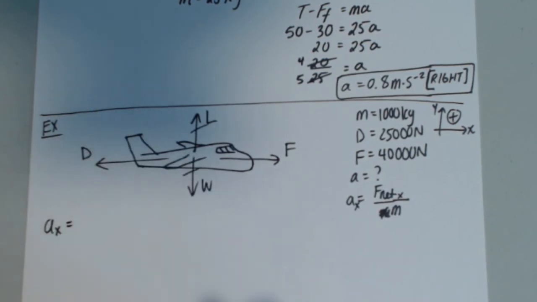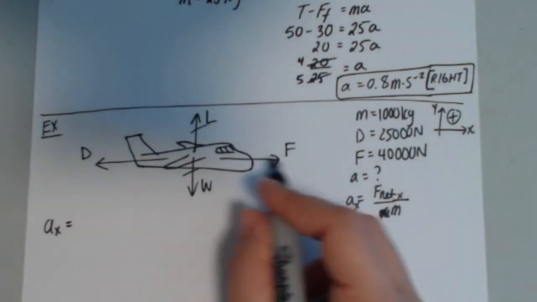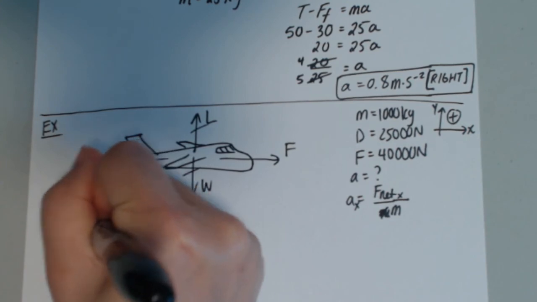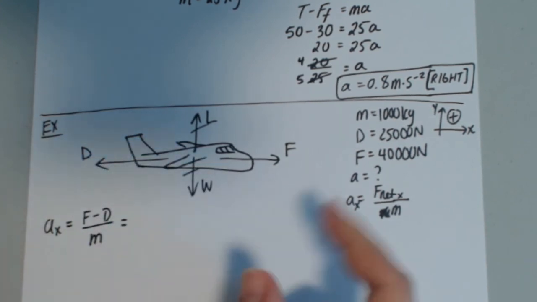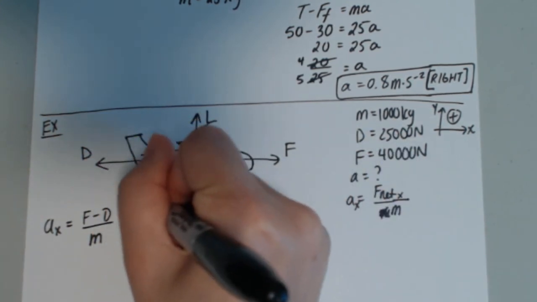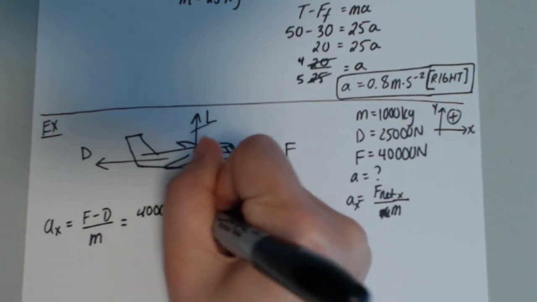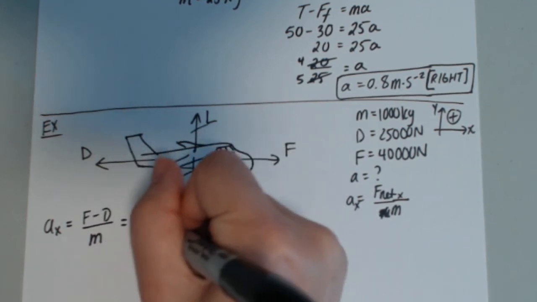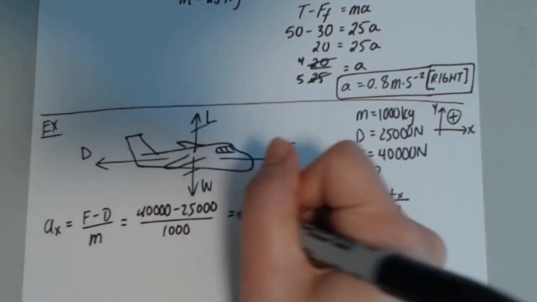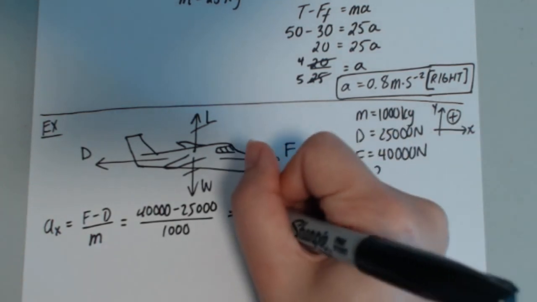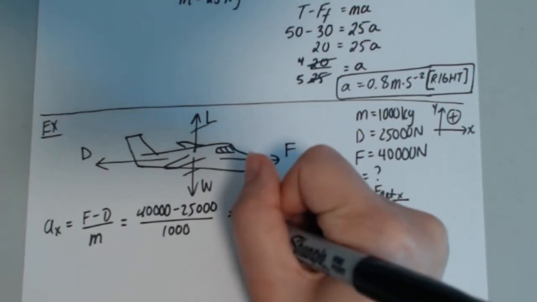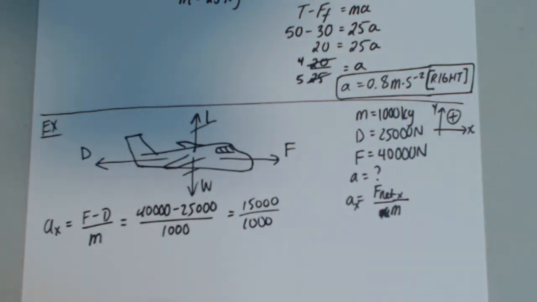So a_x is equal to F net x over m. That's F minus D for F net x divided by m. F and D are given to us, so 40,000 minus 25,000 divided by 1,000. 40,000 minus 25,000 is 15,000 divided by 1,000. Now I'm going to show you a trick in case you've never seen this before.